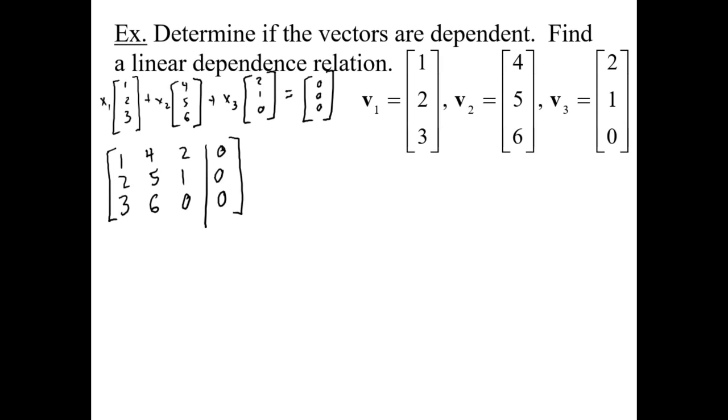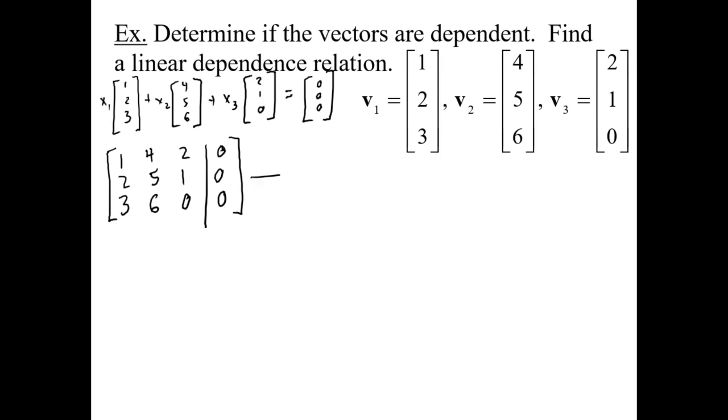So it's determining if this homogeneous system has a non-trivial solution, right? Trivial means all the variables are zero. If all the variables are zero, then the vectors are linearly independent. So if I get anything other than a trivial solution, then the vectors are linearly dependent.